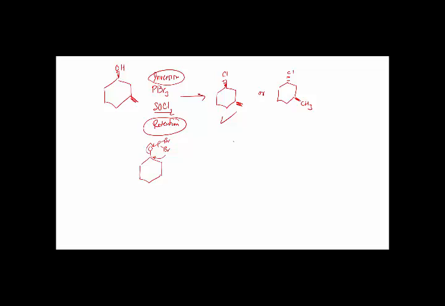And for PBr3, the bold OH becomes a dashed Br because that's the inversion. So PBr3 will give you inversion, SOCl2 will give you retention, and if you miss those two, just make sure you give me one product and not both.